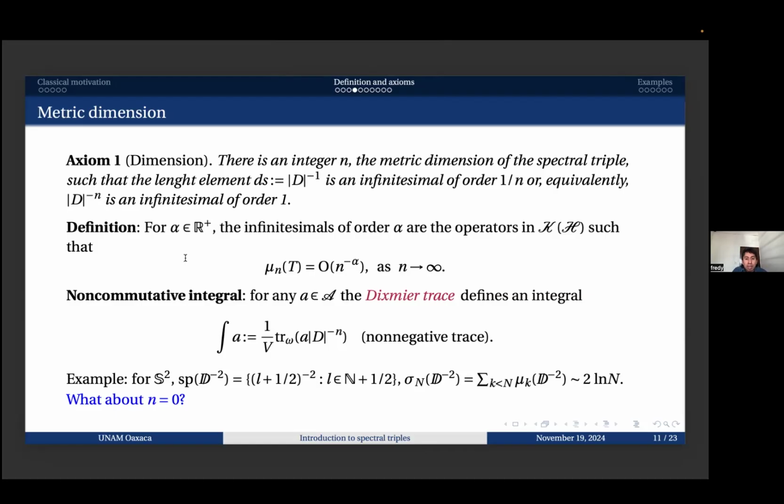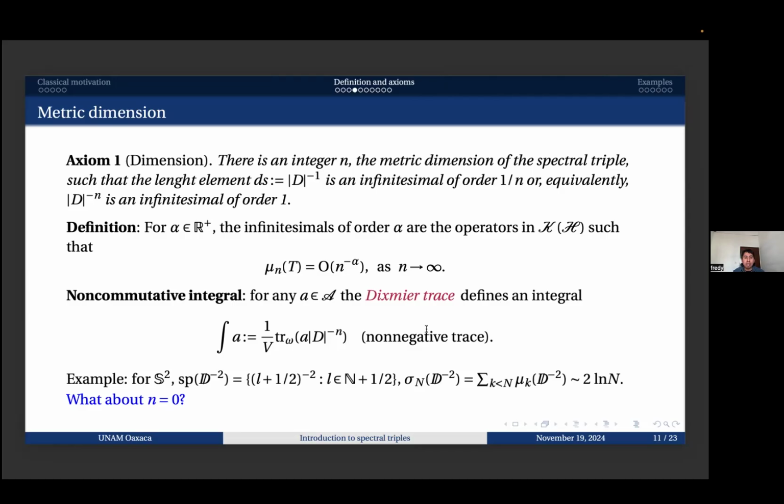What is an infinitesimal? For alpha in the positive real numbers, an infinitesimal of order alpha is an operator whose characteristic values are dominated by these numbers.